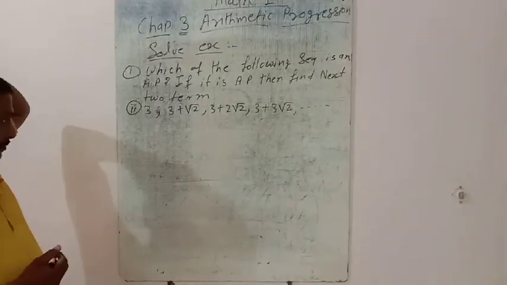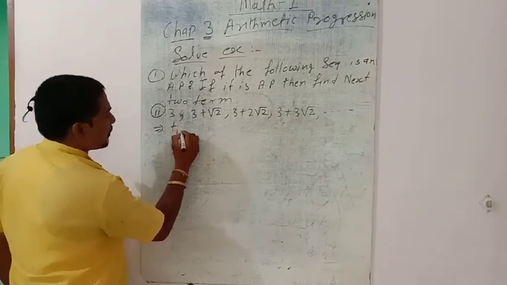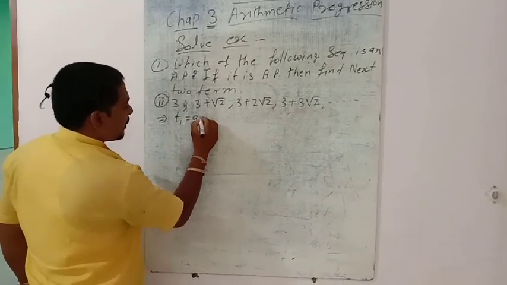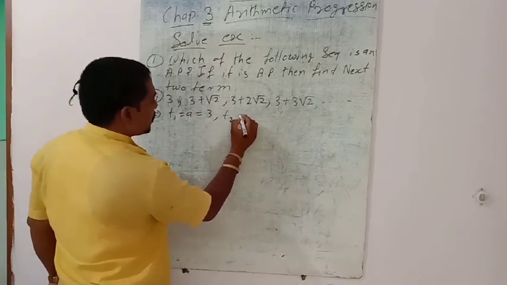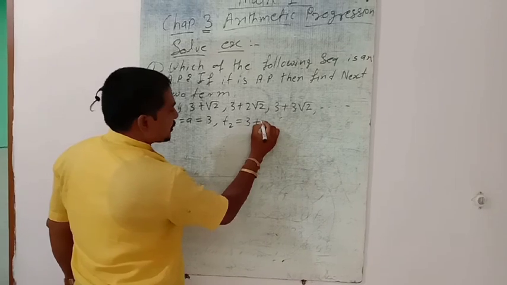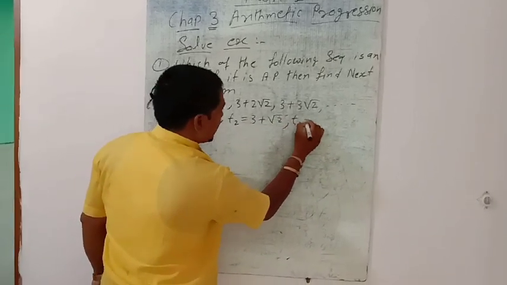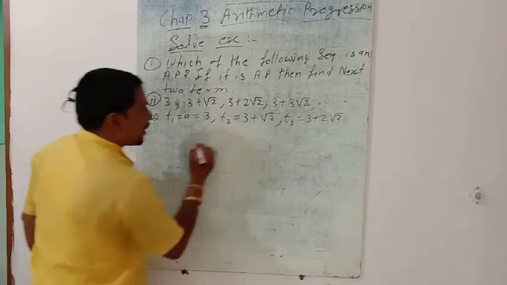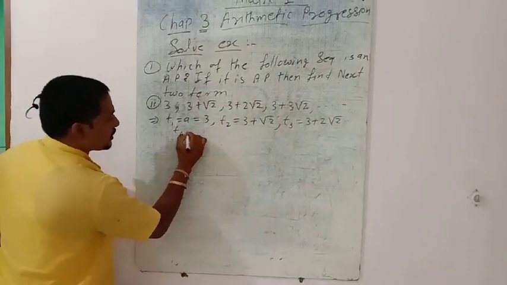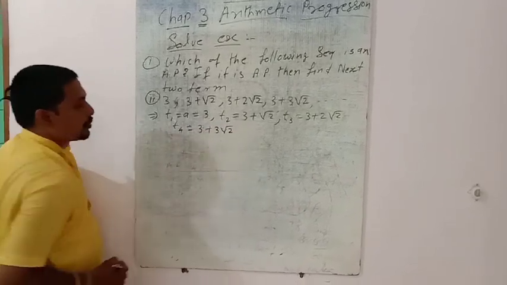In the same way, take the first term T1, A, is equal to 3, then T2 is equal to 3 plus under root 2, T3 is equal to 3 plus 2 under root 2, and the fourth term T4 is equal to 3 plus 3 under root 2.